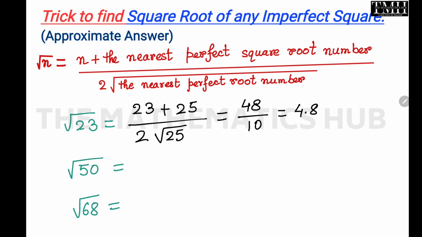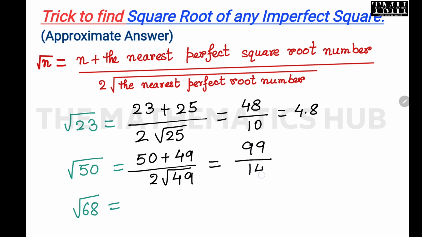Square root of 50. As the formula said, we have to write 50 plus. Now a number smaller than 50 which is a perfect square is 49. Square root of 49 is equal to 7. So we will take 49 divided by 2 multiplied by square root of 49, which is equal to 99 by 14.